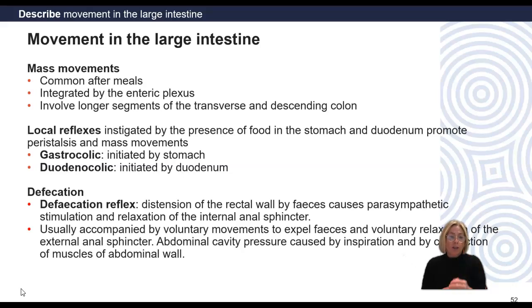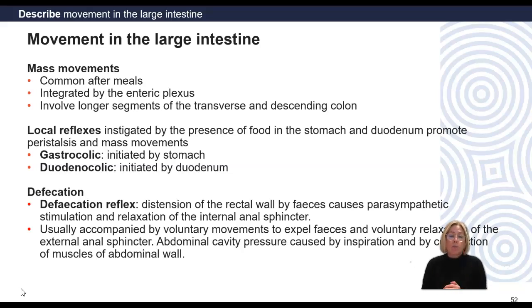The gastrocolic reflex is initiated by the stomach, so food in the stomach, and the duodenocolic one is initiated by food in the duodenum. And this eventually all leads to the process of defecation, and a defecation reflex is involved here. Distension of the rectal wall by feces causes parasympathetic stimulation and relaxation of the internal anal sphincter.